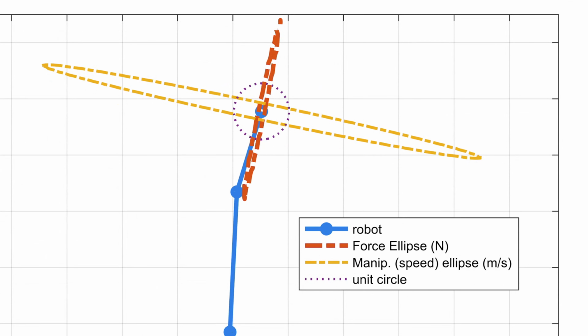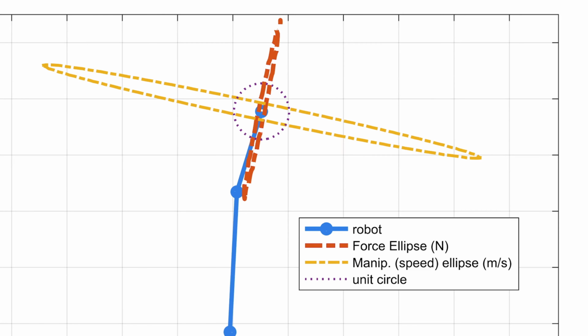So well, here we have the robot pose, and the yellow ellipse is the manipulability ellipsoid in units of meters per second of end effector speed, and the red ellipse is the force ellipsoid, units of newtons.